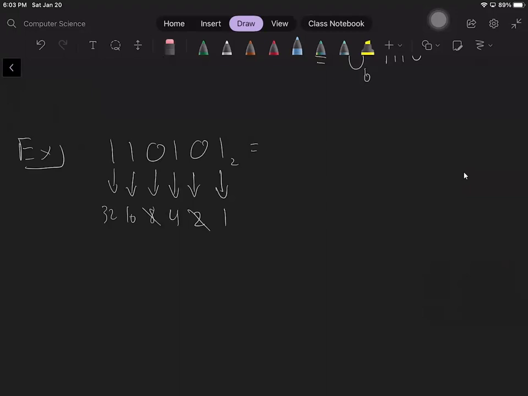So very quickly, I can say this is 1 plus 4 plus 16 plus 32, and whatever that is, 53, I think, base 10. All right. So converting the other way is a little bit more annoying.